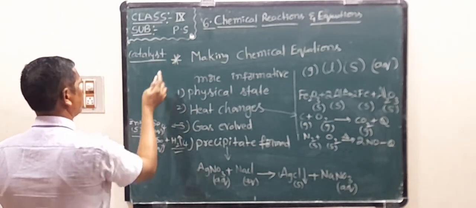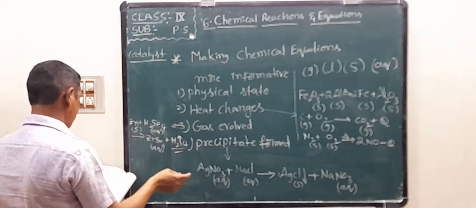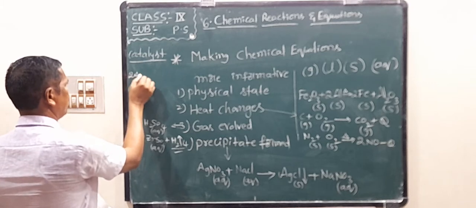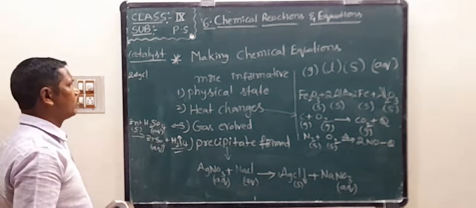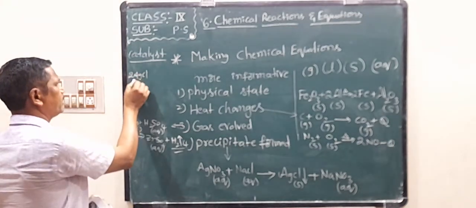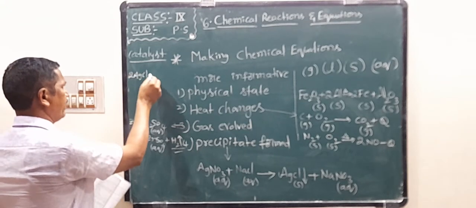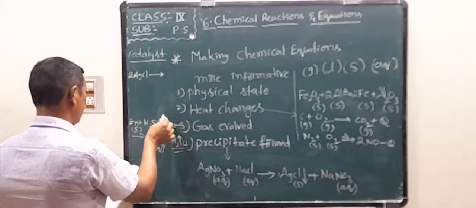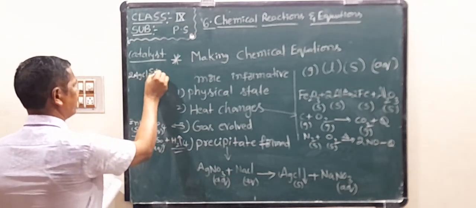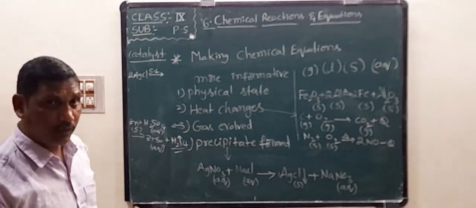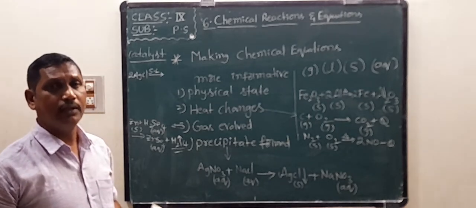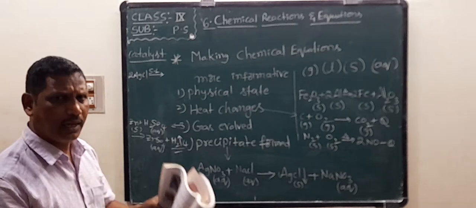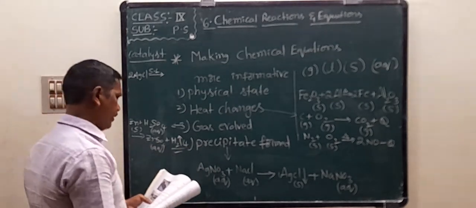One example of a catalyst: 2AgCl, meaning 2 molecules of silver chloride, gives rise to, in the presence of sunlight, 2Ag plus Cl2. Here sunlight acts as a catalyst, which either increases or decreases the rate of reaction.